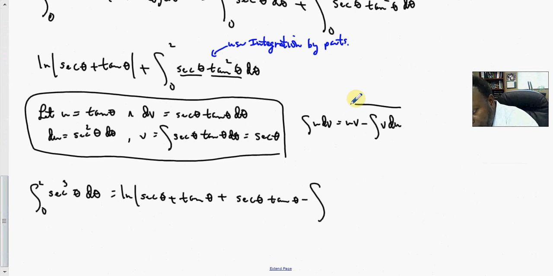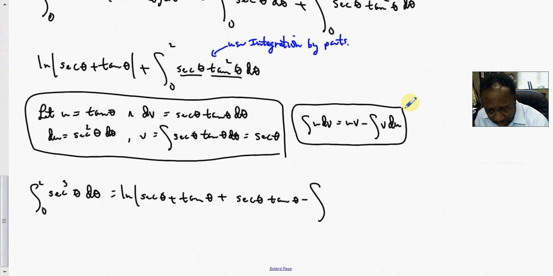The integration by parts formula. So this is minus the integral of v du, which is secant theta times secant squared theta. So you just multiply those: secant cubed theta d theta.